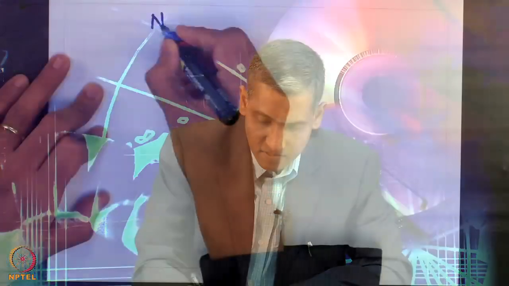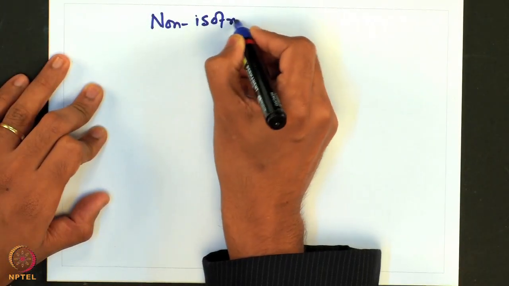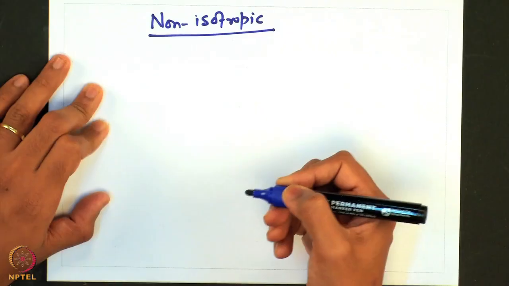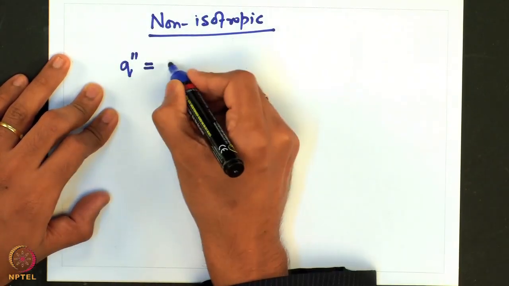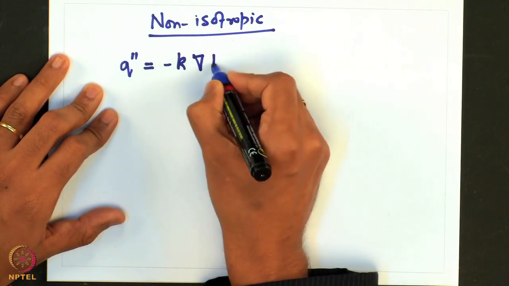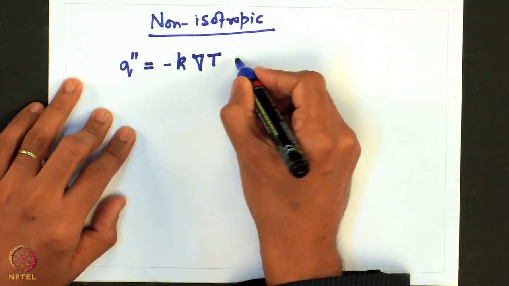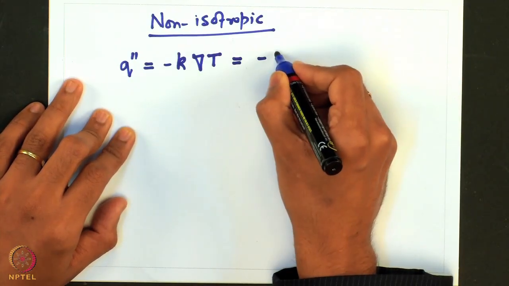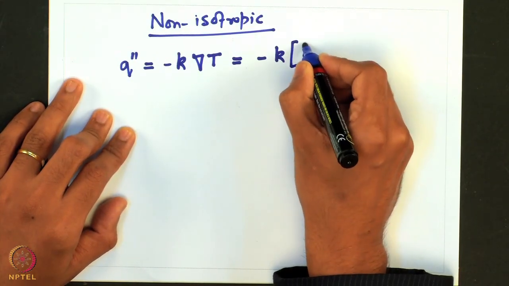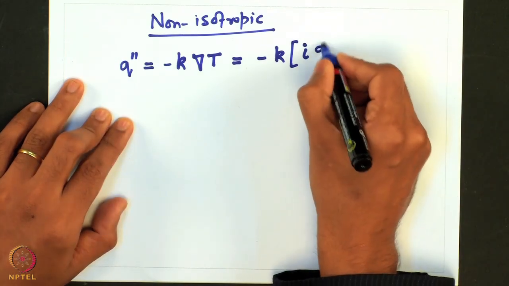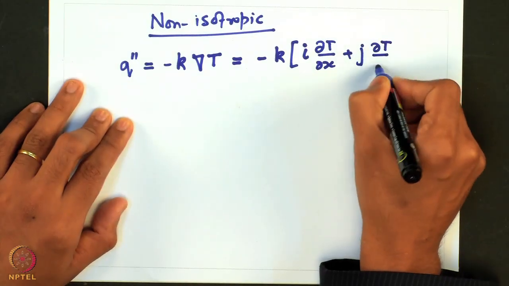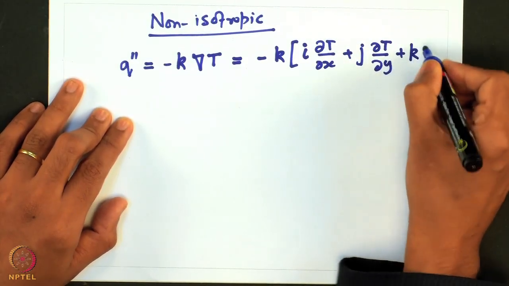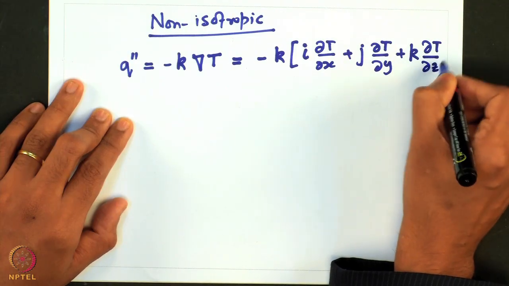So if it is a non-isotropic system, then the flux of heat transport is given by minus k times grad T, the temperature gradient, which equals minus k times i dT by dx plus j dT by dy, the gradient in the y direction, and the gradient in the z direction.